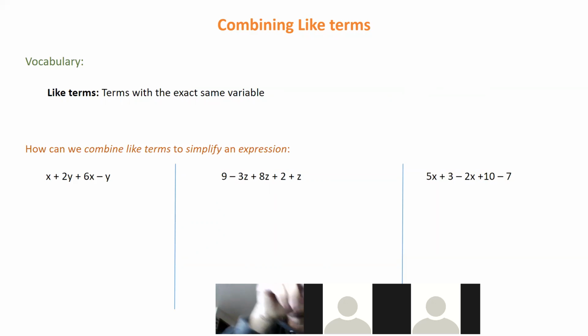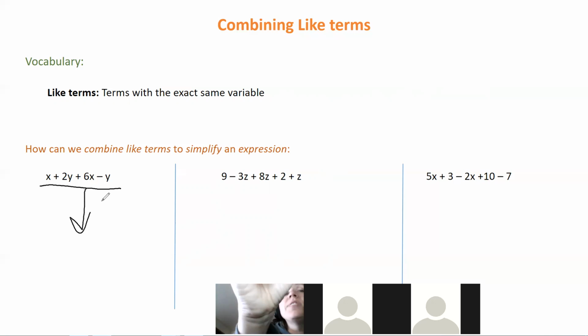Okay, guys, so how can we combine all the like terms here? What I like to do, every time there's a subtraction part in there, I like to change that to addition. And then every time there's a single variable, I like to add in the coefficient. So we first have x.